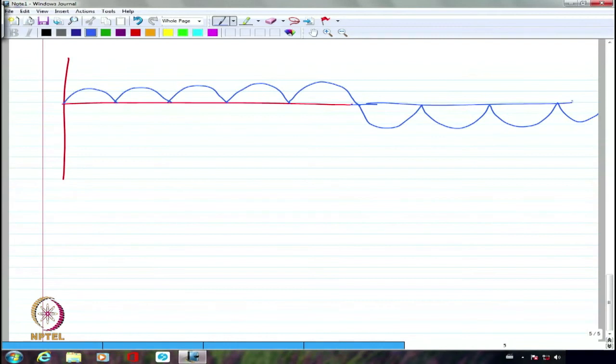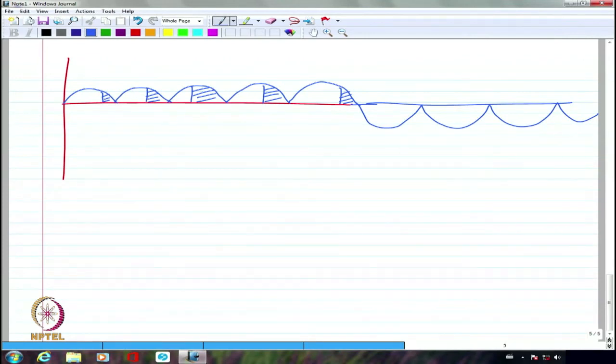I can approximate this to a sinusoid, provided my average voltage is really small here, somewhat larger here, somewhat further larger here, then again it comes down here, comes down further here. I can do that. I can always control my firing angle in such a way that the first half cycle I have it close to 90 degrees so that the voltage is very, very small.